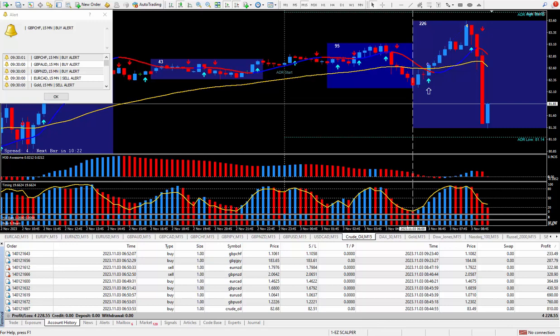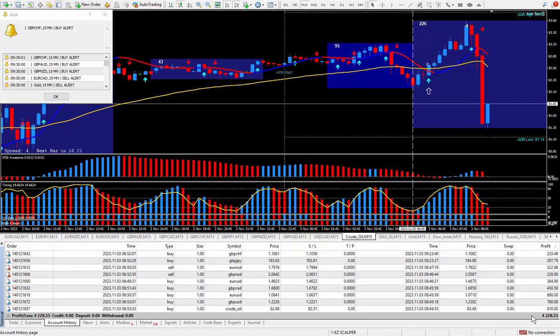Love trading with my easy scalper, and of course, if your system's not producing like the easy scalper, I recommend you get your hands on it. Before I get into that, as I mentioned, great day of trading.